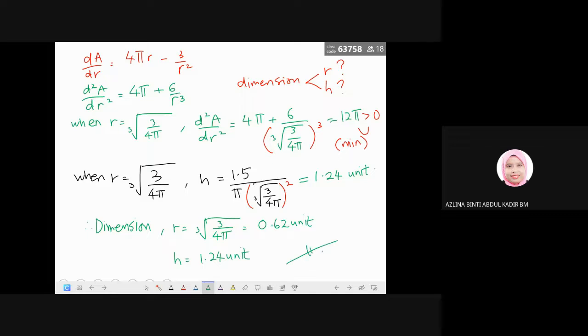Thus the dimensions are R is equals to 0.62 unit and H is 1.24 unit. Dapatlah dimension dia. Janji awak dapatlah minimum tu dulu. Macam mana dapat minimum daripada second derivative greater than 0. Boleh faham? Kena berusaha juga faham. Okay?